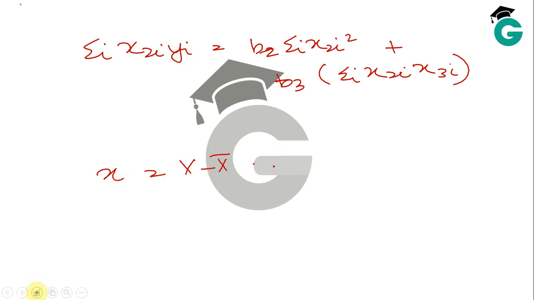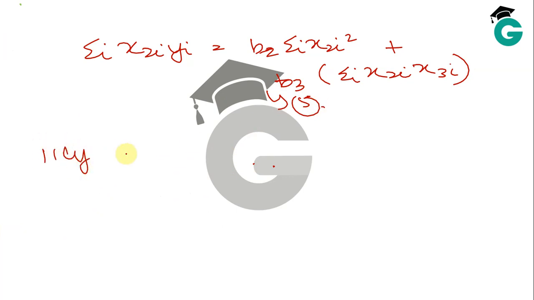So this is true for all x's. I'm just going to get rid of this, but this should be logical. I've just called it a slightly different term. All right, so this is your equation number 5.